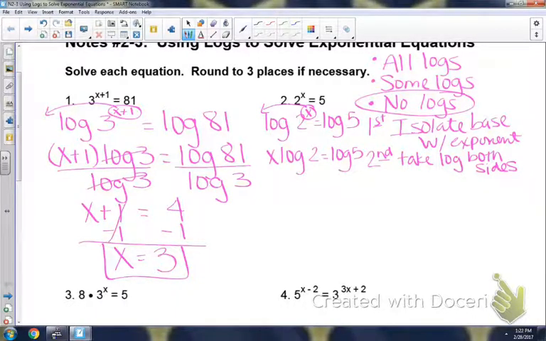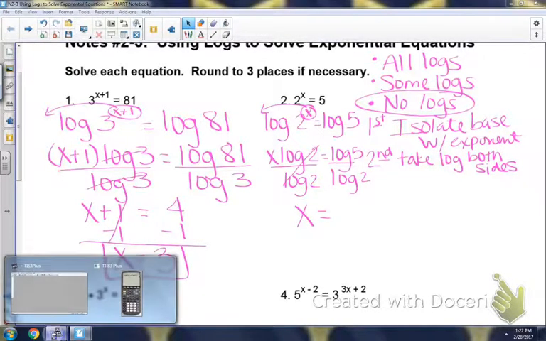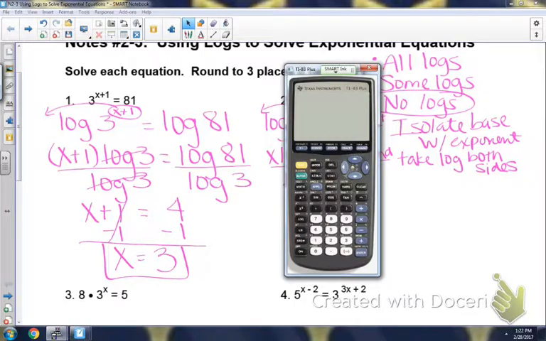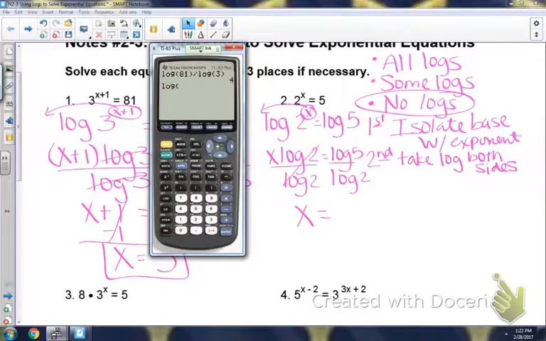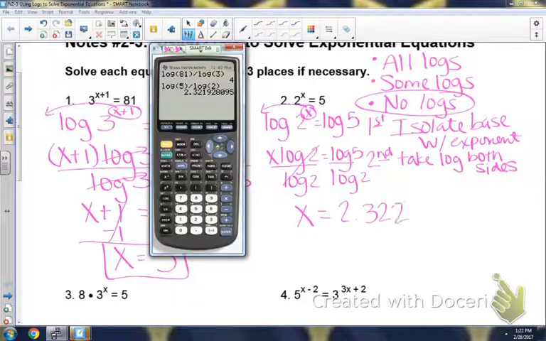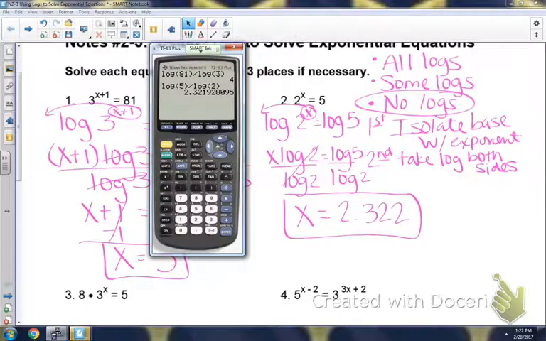From here we're getting x by itself, so we're going to divide both sides by log of 2. So from here I'm using the calculator, so I'm going to do log of 5 divided by log of 2. We get a decimal, let's round to 3 decimal places, 2.322. You could check it, plug it back in, it would be 2 to that power gives you 5. So you can check it.